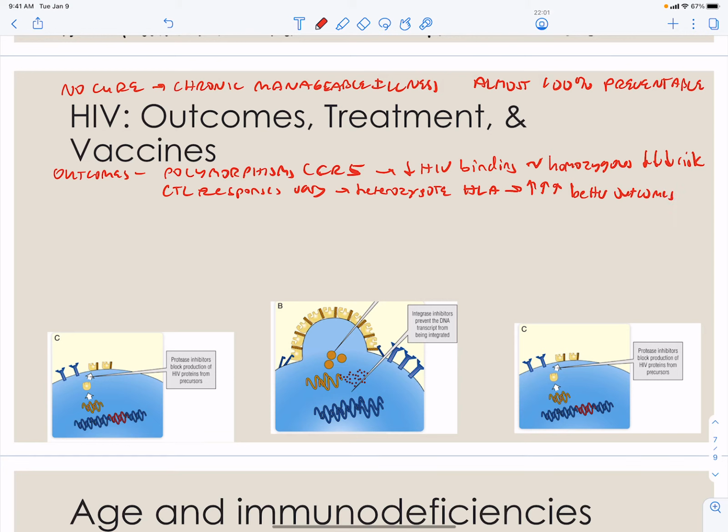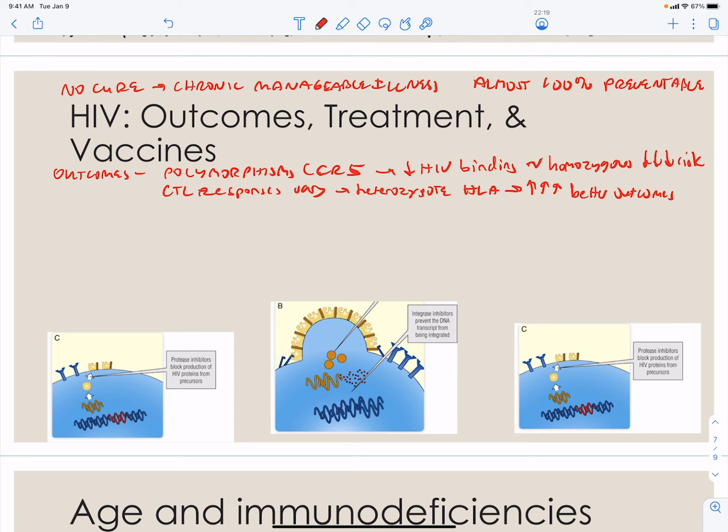And it's just what we've been talking about. If you have diversity within your HLA repertoire, you're going to have diversity in the ability to present antigens to your immune response, and your immune response is going to adapt better to the changing HIV antigens.